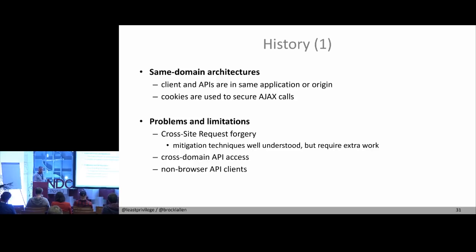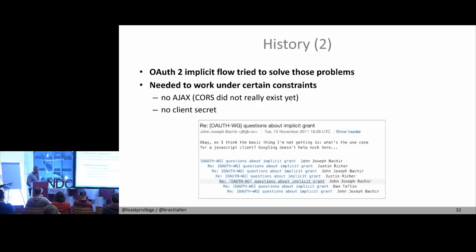Very often we do code reviews for people, and we see that they're missing it for the AJAX endpoints. That's an open problem. So like I said, this is the biggest problem with cookies for authentication, this cross-site request forgery attack. All right. So OAuth was then being developed as a way to protect APIs.